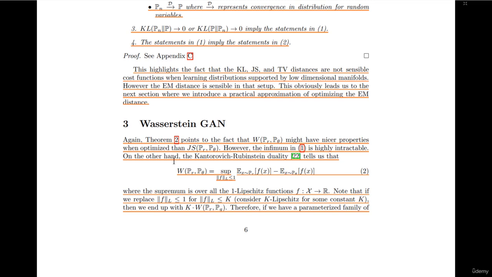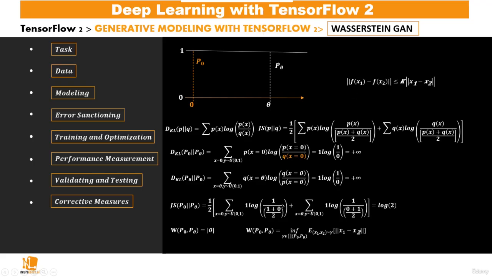On the other hand, the KR duality tells us that this distance equals the supremum of the expectation of f of x minus the expectation of this f of x, where we have x drawn from the probability distribution PR and x drawn from the probability distribution P theta right here. So these two are drawn from two different distributions, noting that this is for f being a K-Lipschitz function. A K-Lipschitz function is a function which verifies this condition right here.